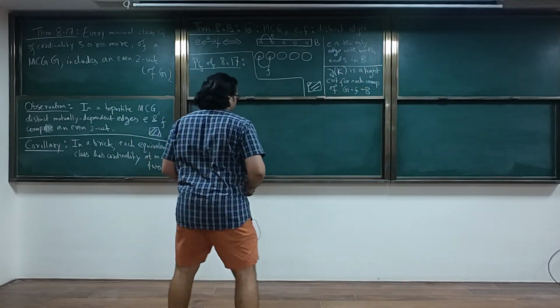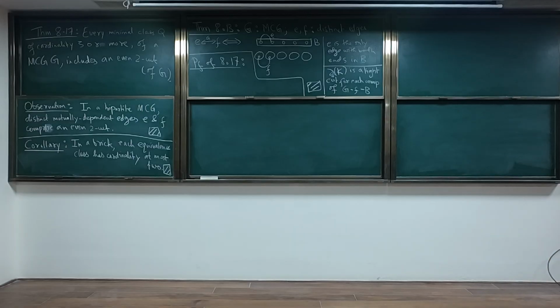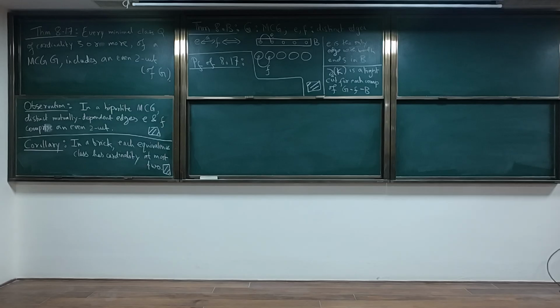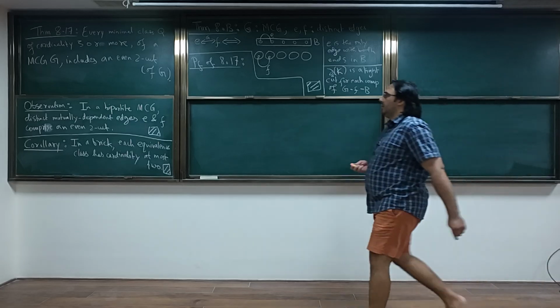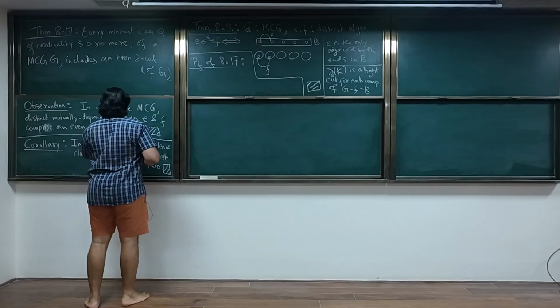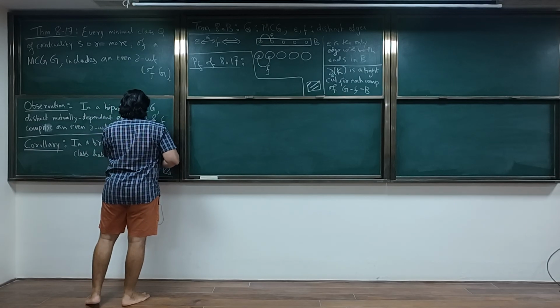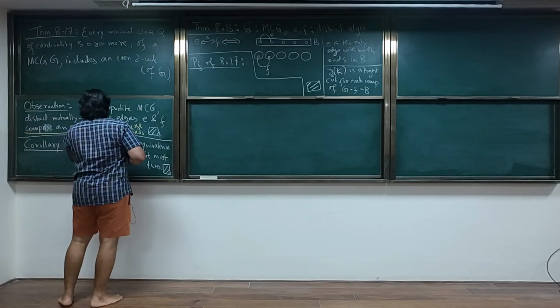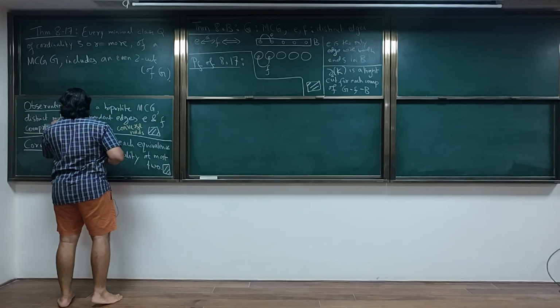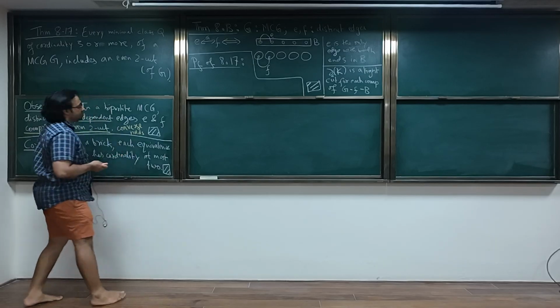Maybe I'll just make a note. Converse holds if the 2 edges comprise an even 2-cut, then they are actually mutually dependent in this sense.